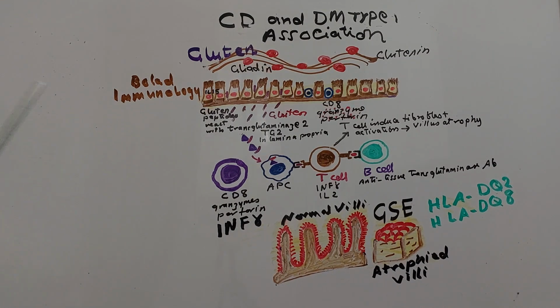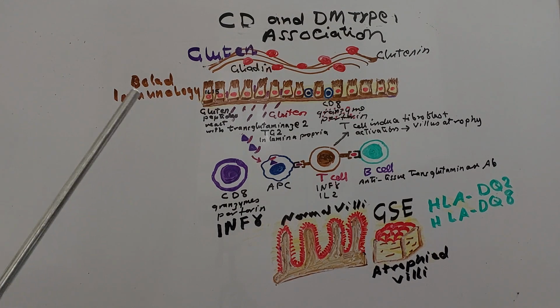However, despite this association, the role of dietary gluten in the development of type 1 diabetes mellitus, and the potential effect of removing gluten from the diet of patients with type 1 diabetes mellitus, are still debatable.